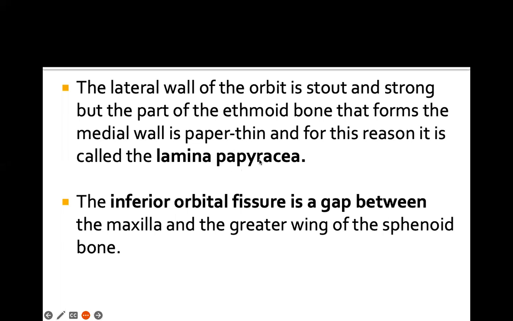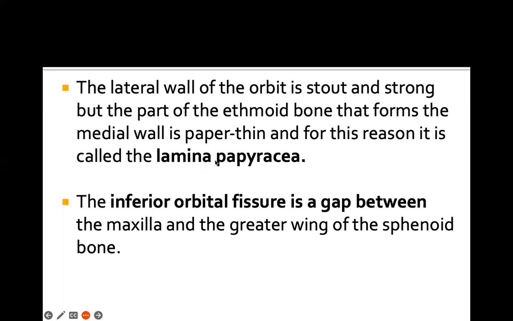Lamina papyracea. You remember the beginning of civilization in Egypt and the papyrus for paper, because they used to write on rocks and stones. Then paper started emerging in the form of papyrus. You remember the scrolls. So as thin as a paper.